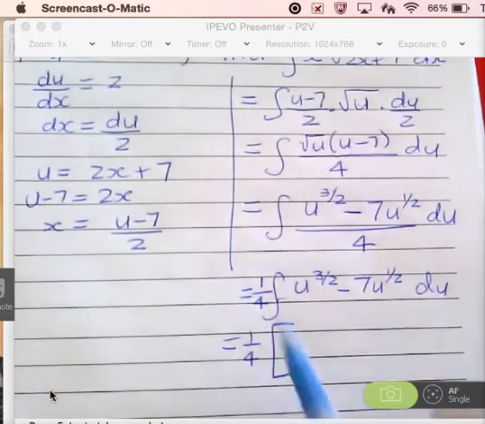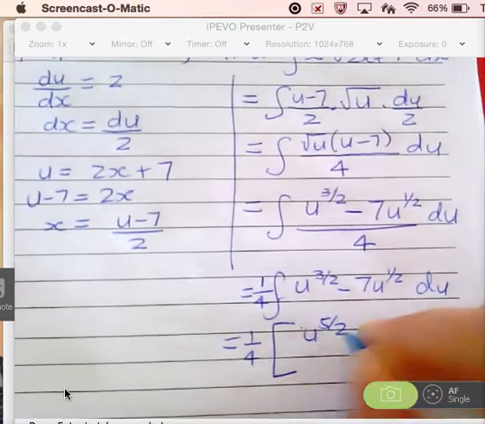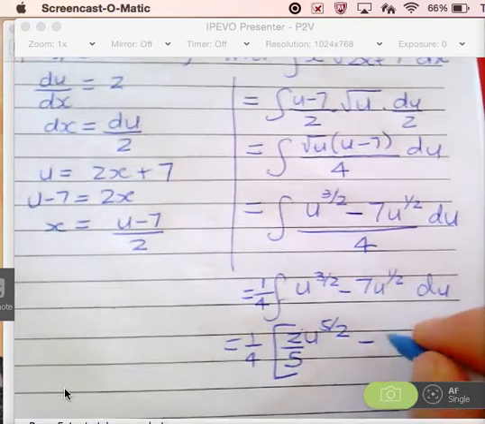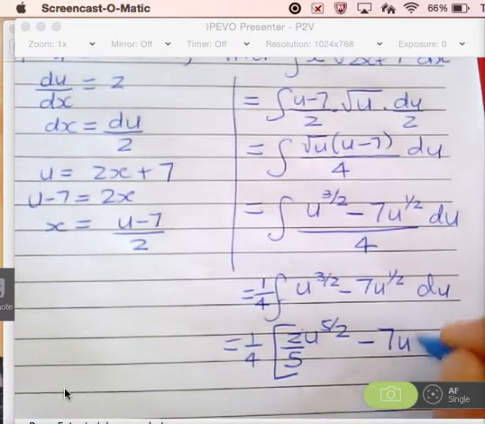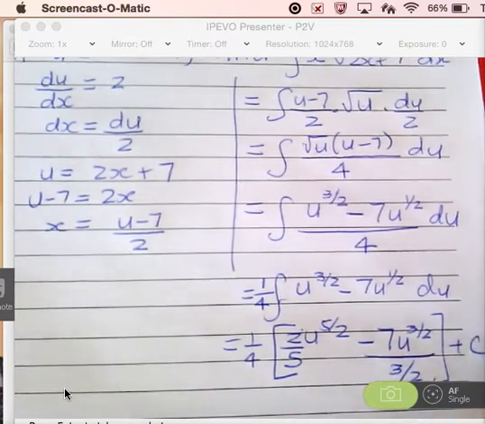So it's 1 over 4. Girls, 2 over 5 on 2 means 2/5, doesn't it? Minus 7 to the 3 on 2 over 3 on 2, plus c.